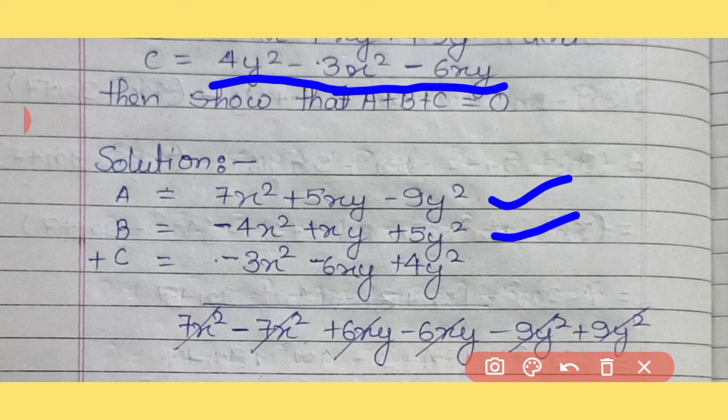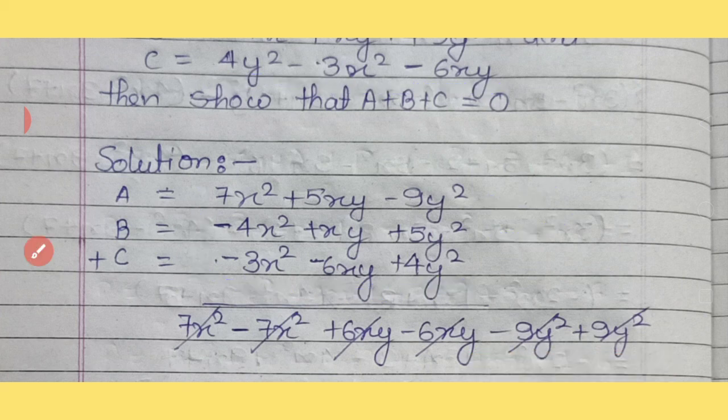So we have to be careful that whatever terms we write are like terms. So minus 3x square will be written just under the x squares, and then minus 6xy and minus 4y square. Here these two minus terms will add and become minus 7x square.